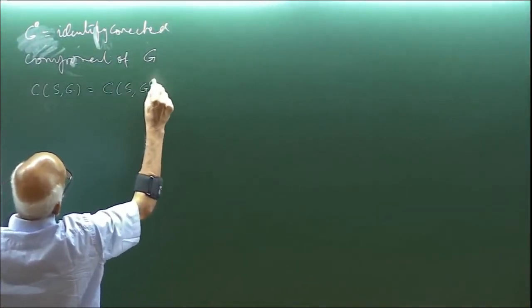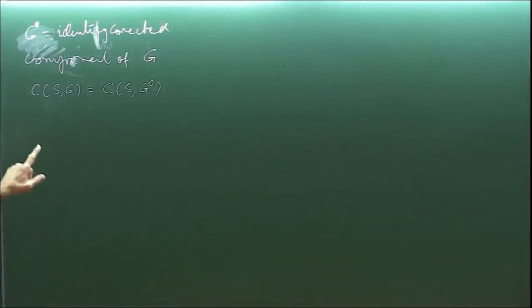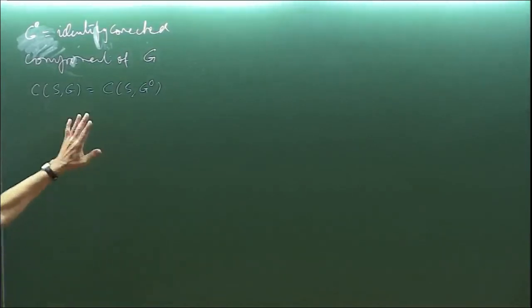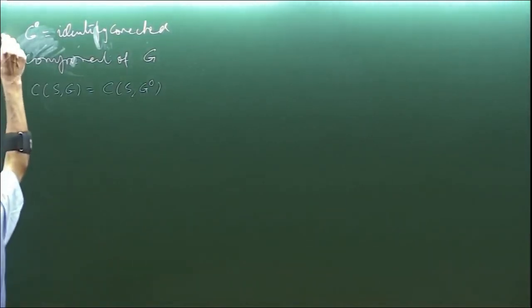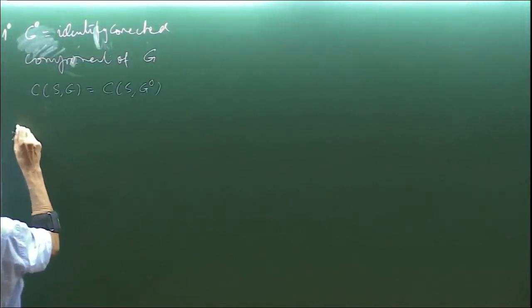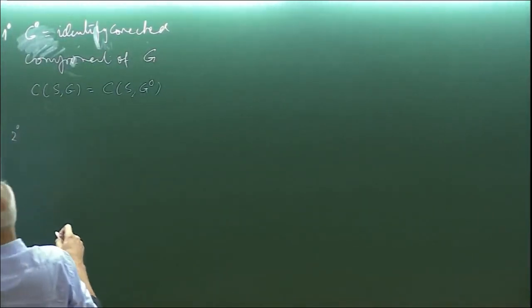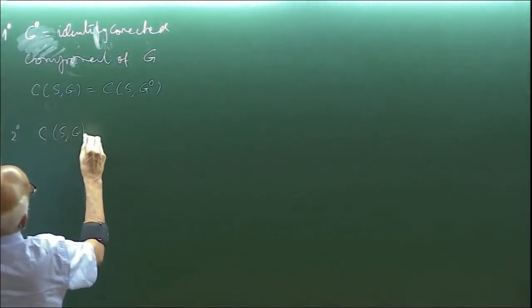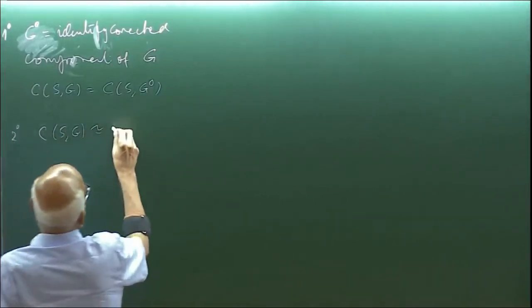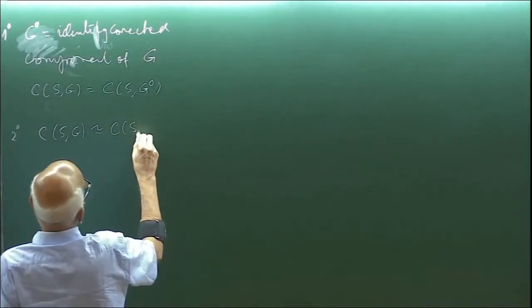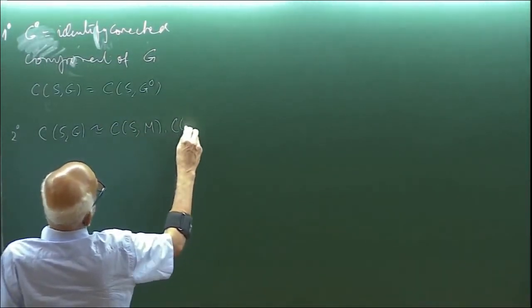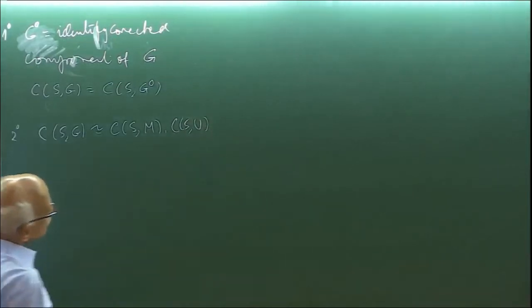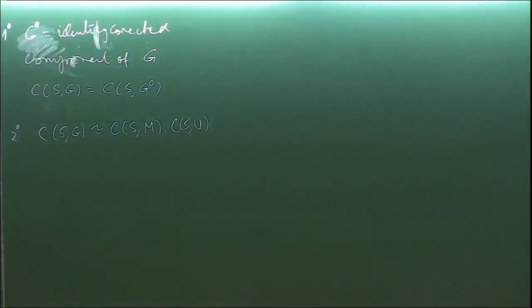First of all, G naught is defined over K, and it turns out that CSG equals CSG naught. Secondly, in the context of the semi-direct product, CSG is isomorphic to CSM times CSU. Actually, it's even a direct product, but anyway, you can write CSM times CSU.